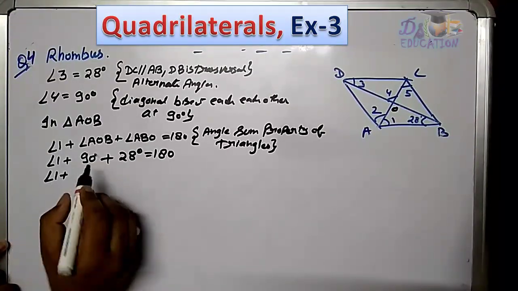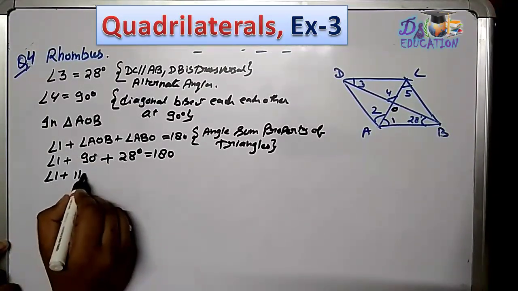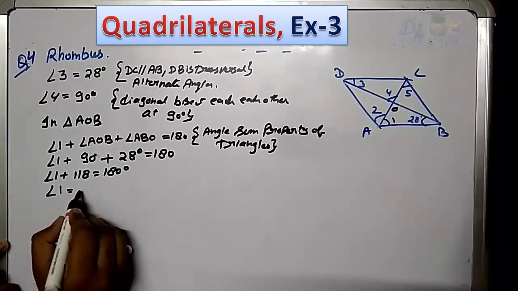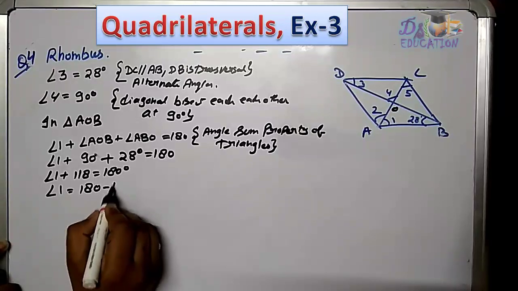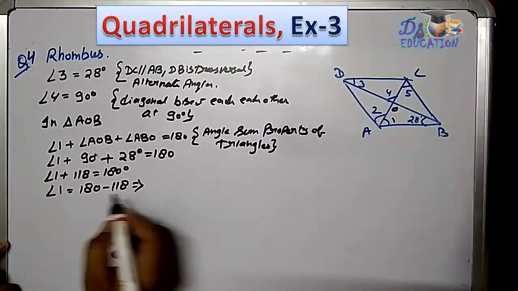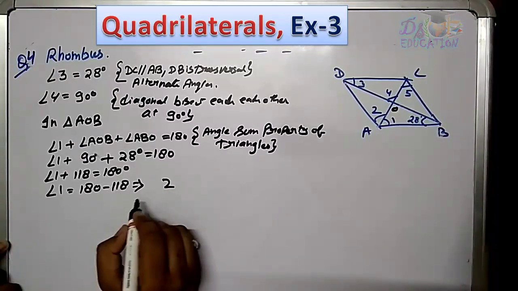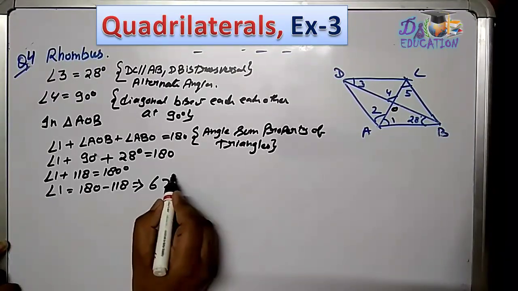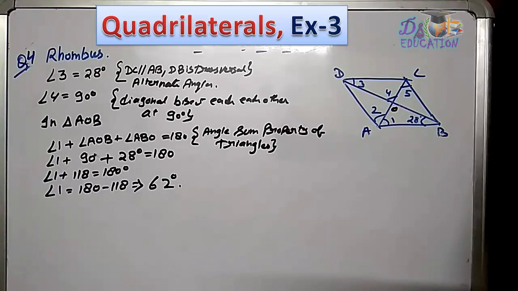Angle 1 plus 118 is equal to 180 degree. So angle 1 will be equal to 180 minus 118, that is 62 degree. So angle 1 is equal to 62 degree.